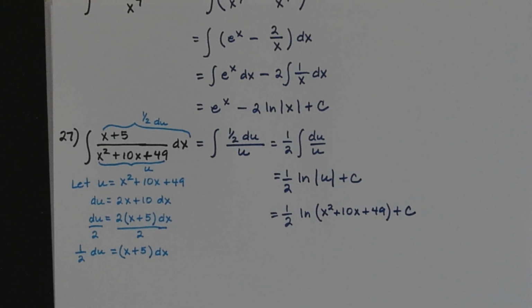So it'll end up being 1/2 the natural logarithm of x squared plus 10x plus 49 plus c. Okay. Any questions about problem number 27?